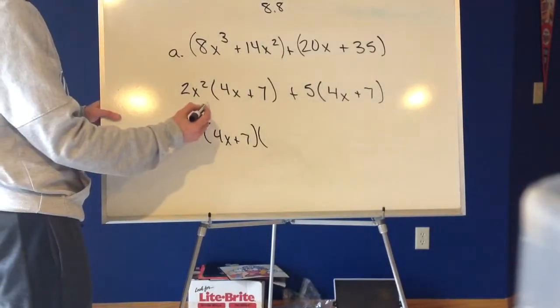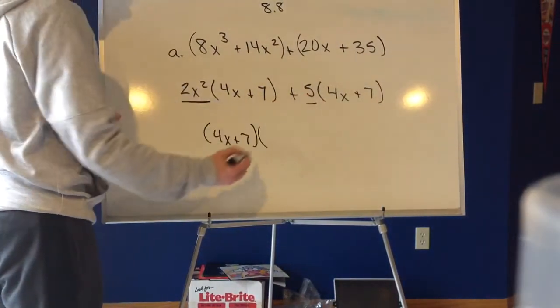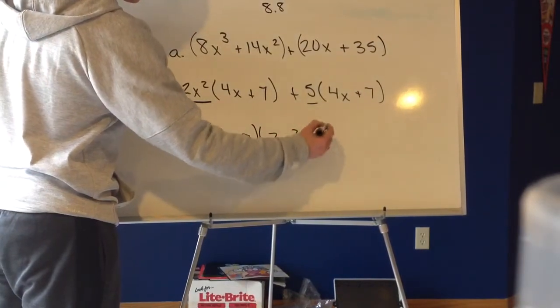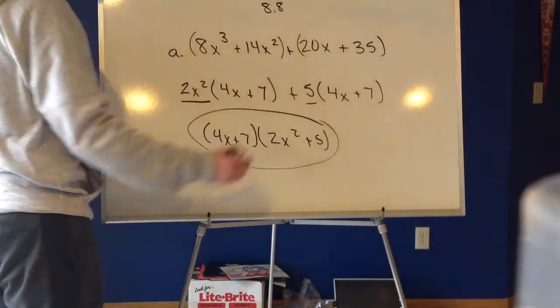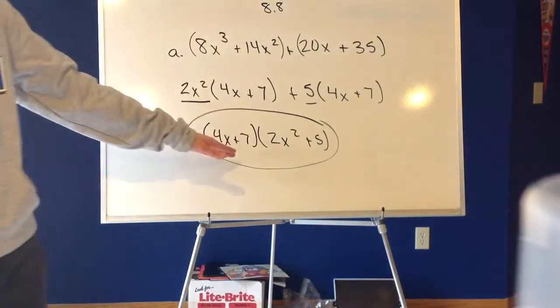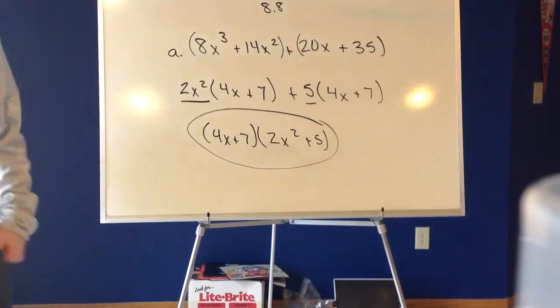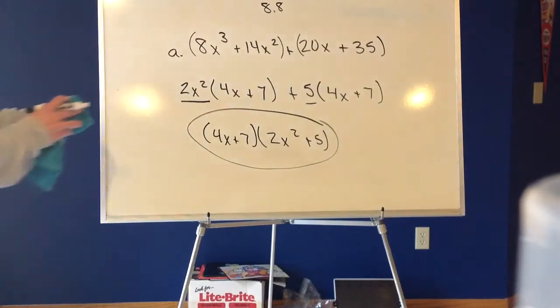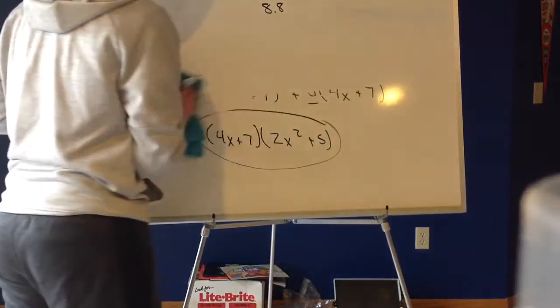And then I'm going to combine the GCFs in the second set of parentheses. If you were to distribute that out, you would end up with your original problem. So again, it's just GCF, GCF, GCF. That's really all you are doing with these ones when you group it 2 and 2.